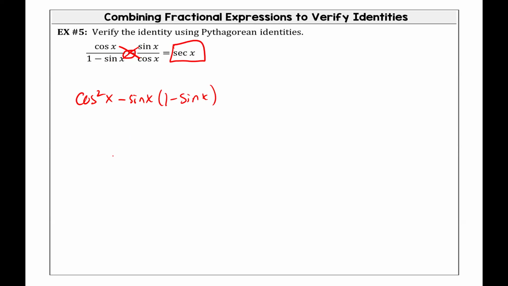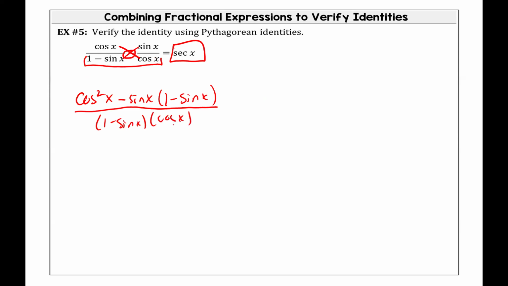Order matters. All over, and what's my bowl? It's going to be 1 minus sine x times cosine x.